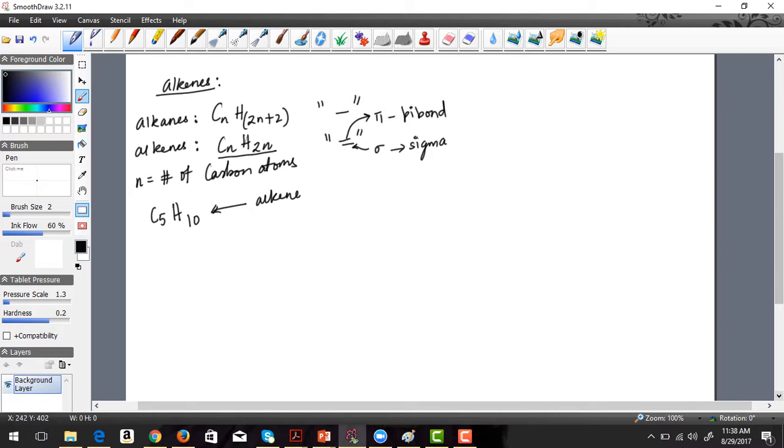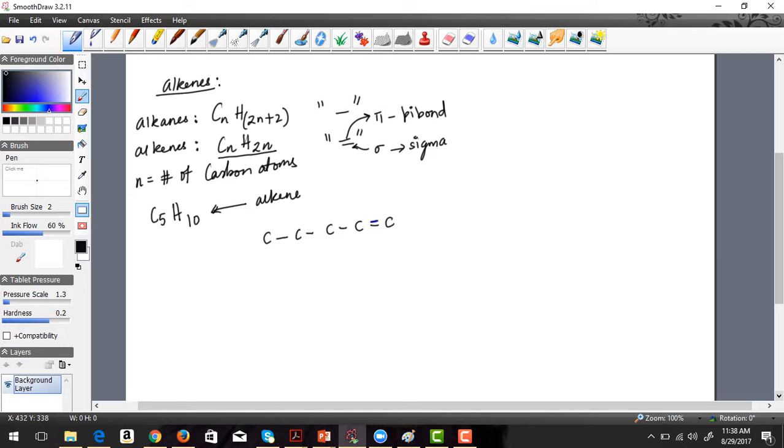So let's write our straight chain isomer. We've got 5 carbons, and as I said, since this is an alkene, there will be a double bond. So I'm going to go get my blue, and I can have my double bond here. The good thing with alkenes is you anchor the double bond and work your isomers around that double bond. You will have multiple isomers.